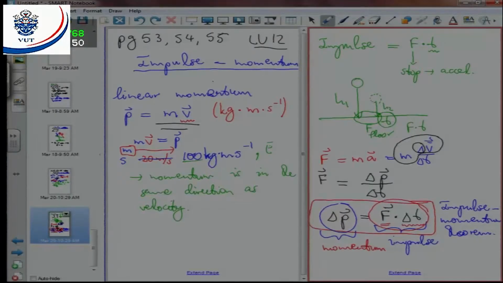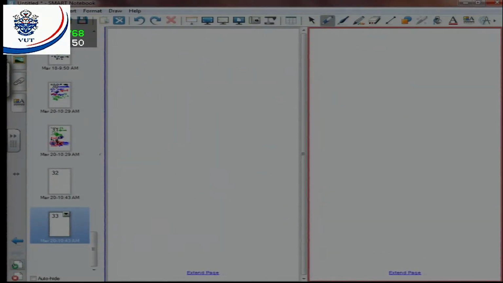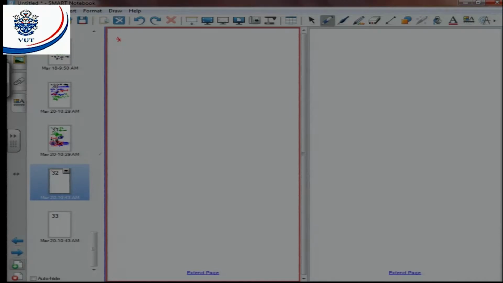So we need a new page. Now we are studying the principle of conservation of linear momentum. Okay, so what does this principle tell us?